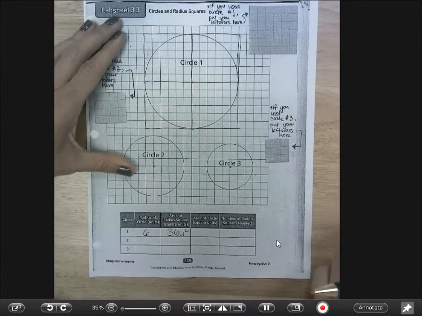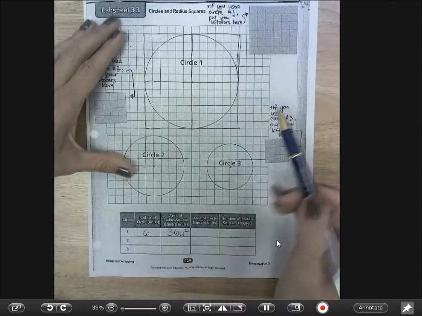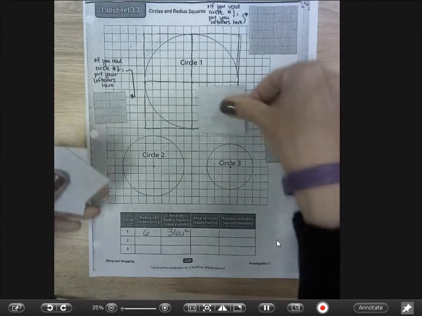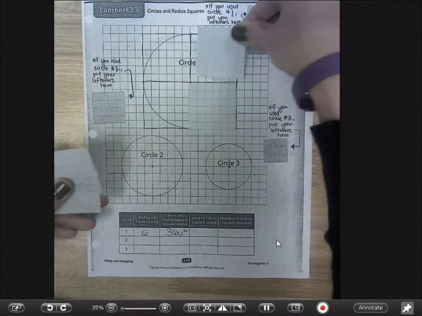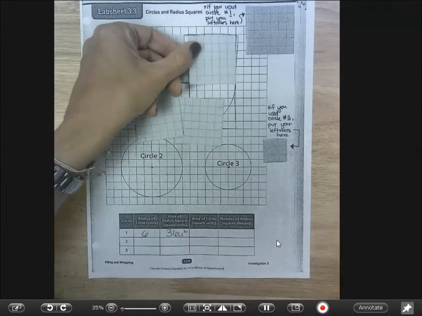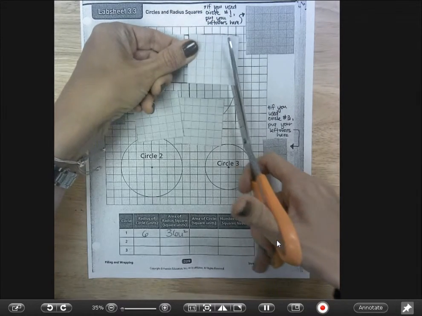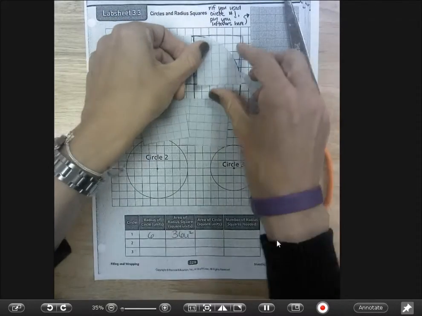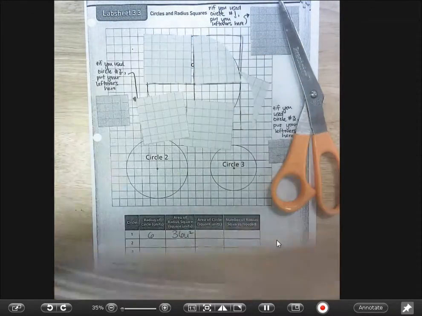So what we're going to do is see how many radius squares it takes to fill in that circle. I have these radius squares that I've already cut out, and I'm going to cut them to try and fill in what the circle would be so I can see what I have left.